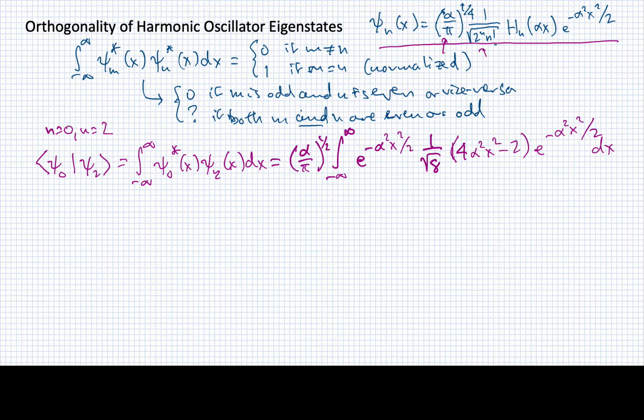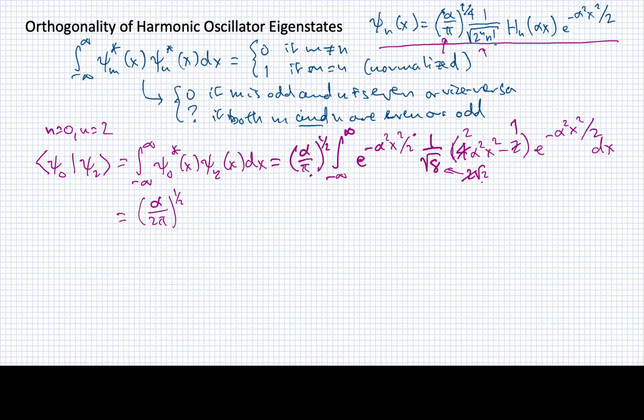Now a couple of things here. Square root of 8 is just 2 times the square root of 2, so I can divide that 2 into this to make that 2 alpha squared x squared minus 1. I'll bring the square root of 2 out here so that I'll end up with a factor of alpha over 2 pi to the 1/2.